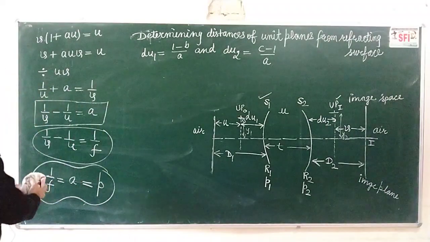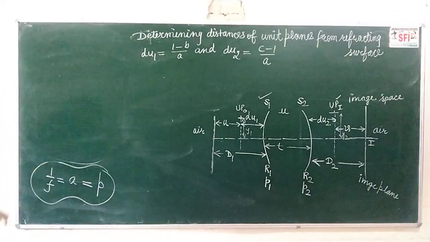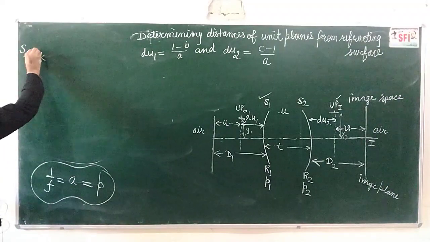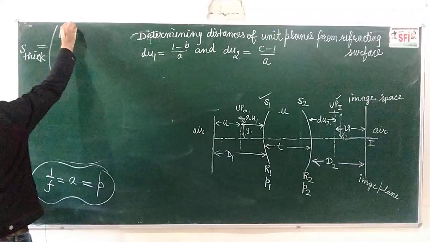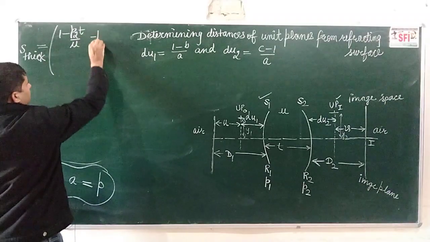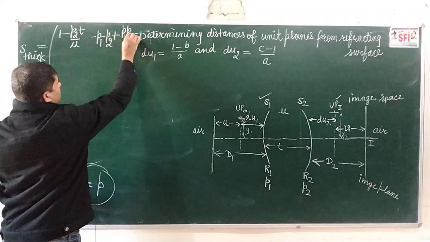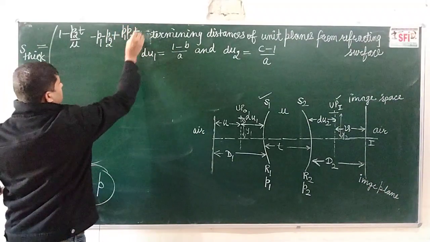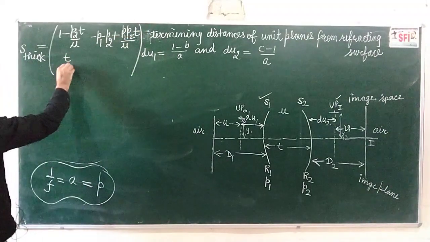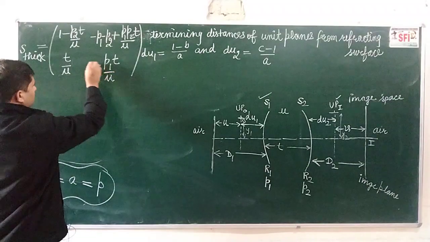So keep in mind the system matrix for a thick lens: 1 minus P2 into T divided by mu, minus P1 minus P2 plus P1 P2 into T, the thickness of the lens, divided by refractive index, T by mu, and 1 minus P1 into T by mu.